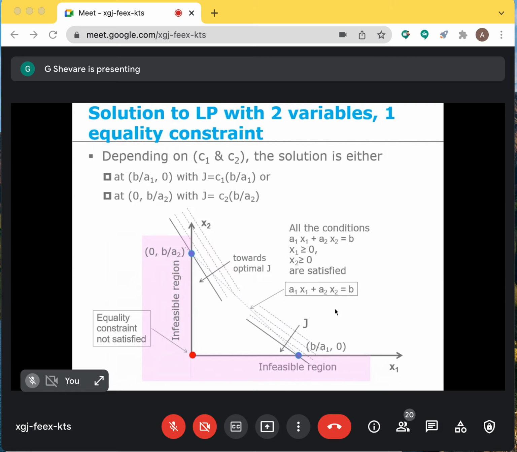Depending on how C1, C2 are, the solution is either on the x-axis, given by b upon a1, comma 0, with the J which is least, equal to c1 times b upon a1, or it is lying on the y-axis, which is the x2 axis, and it is given by 0, comma b by a2, with J given by c2 into b by a2.